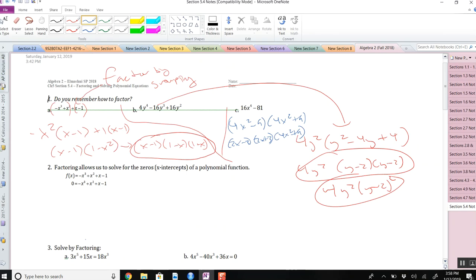Now, why is this important? Why are we doing factoring? Well, if we take a look at number 2, there are some purposes of factoring. One purpose is to solve equations.